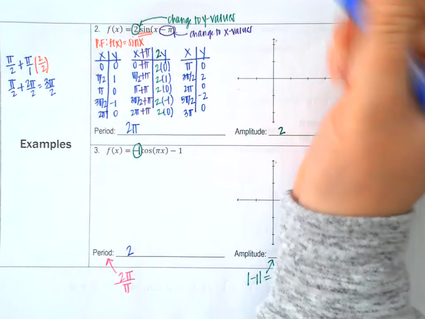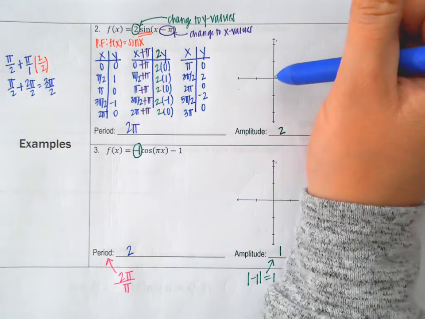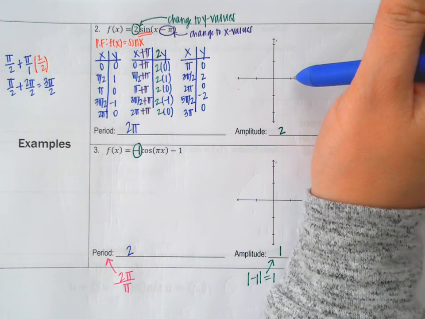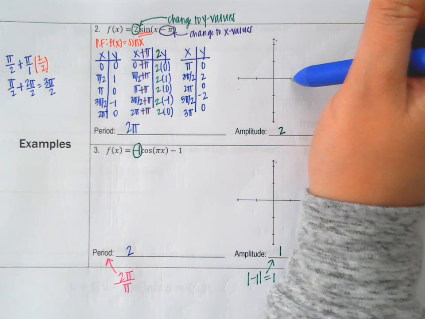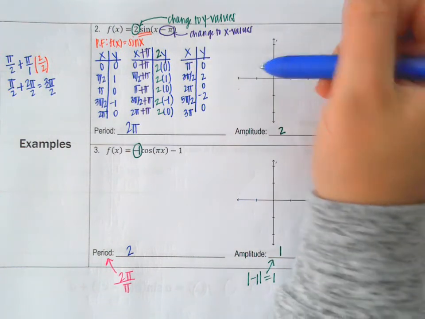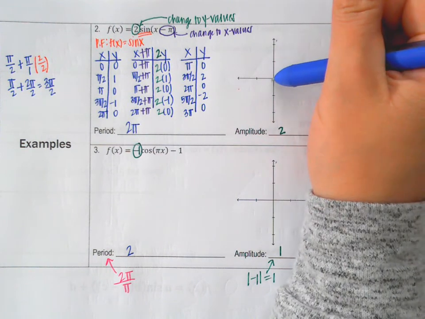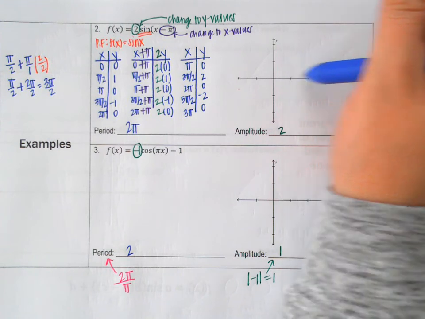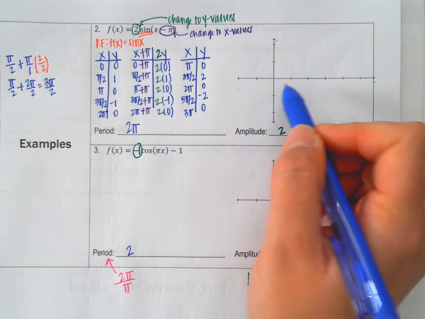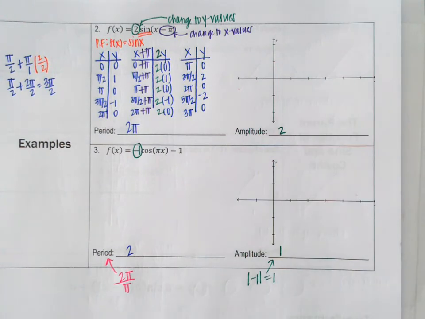Now with this one, we can't just start from 0 to pi, because 0 to pi is not the same distance as pi to 3 pi over 2. That would be like putting 0 to 5, and then 5, and then 6, 7, 8, 9, 10. That wouldn't make sense. That spatial reasoning wouldn't be there.